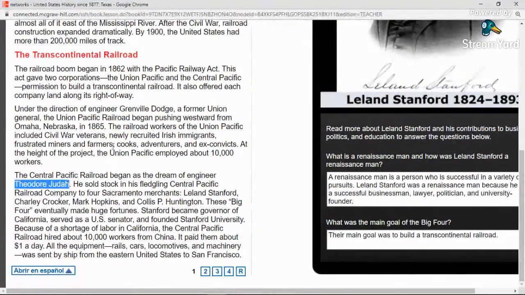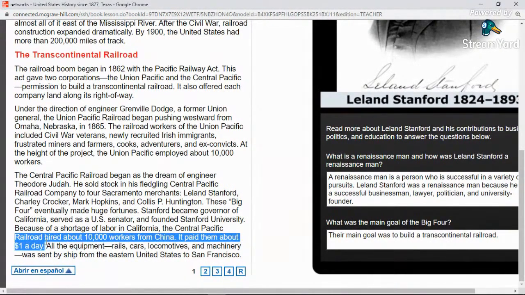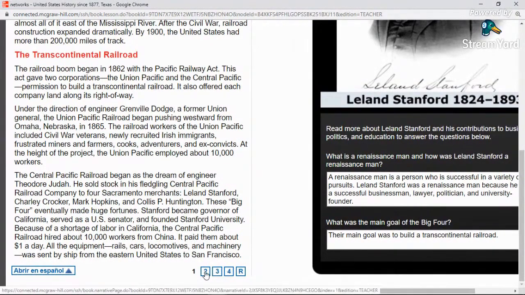Again, maybe you want to write these notes down, okay, who the people were that created these railroads. And his railroad went all the way over to California. And they hired 10,000 workers from China and paid them $1 a day in order to finish these railroads.